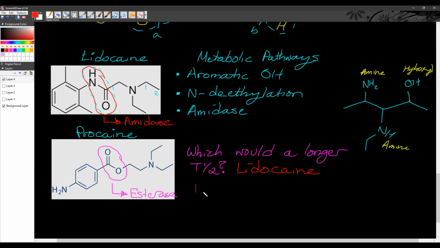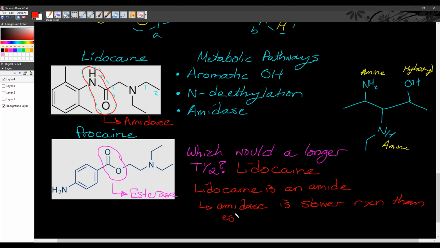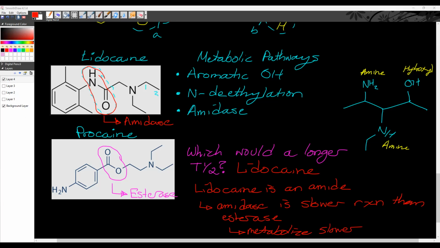We know that lidocaine is an amide. Amidase is a slower reaction than esterase, which means that it will metabolize slower. Any questions about that?